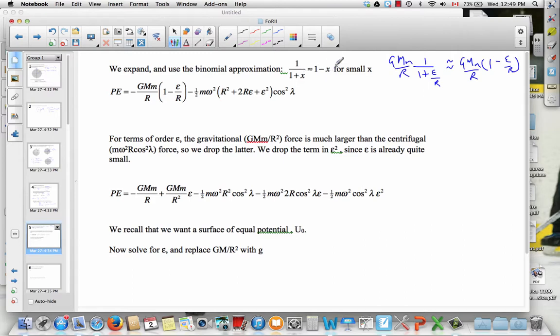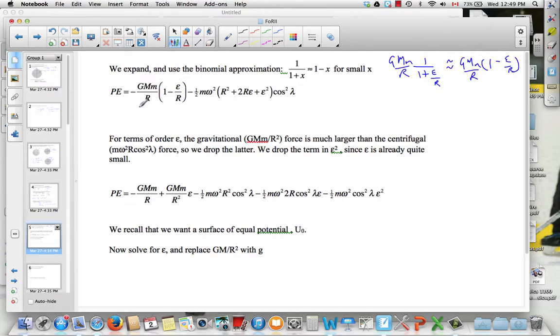So this is just the leading term in the binomial expansion. This actually goes on forever. The next term would be like plus x squared over 2. All right, so making that replacement, we get this expression then for potential energy.